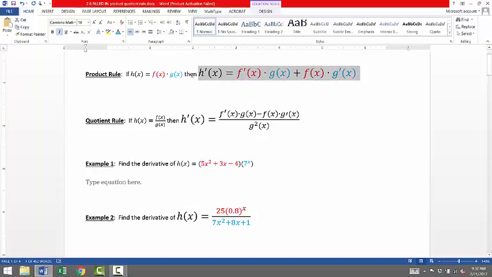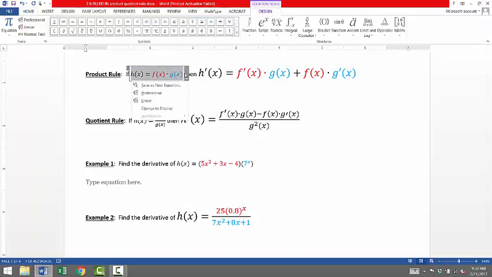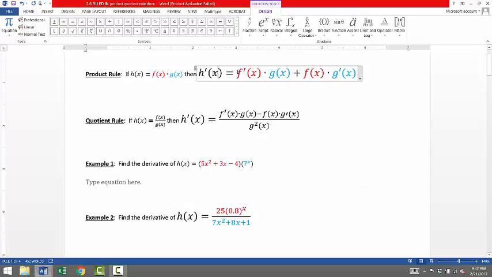I have written it in red and blue to make it really obvious to see. If h is f in red times g in blue, then its derivative, h prime, is f prime times the original function g plus f, the original function f, times g prime. Let's do an example.